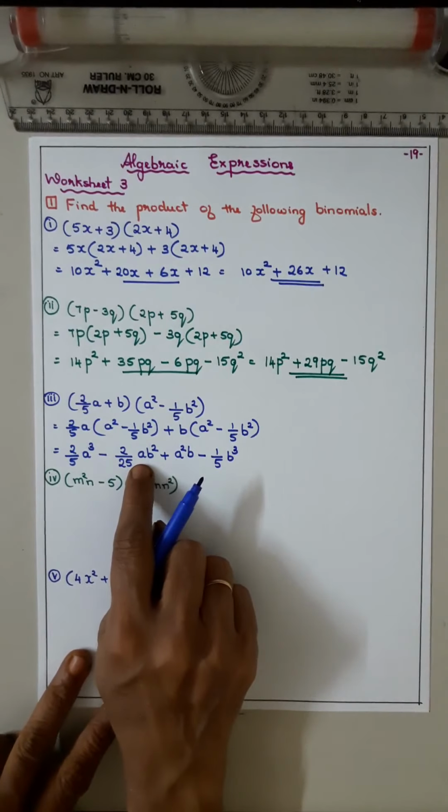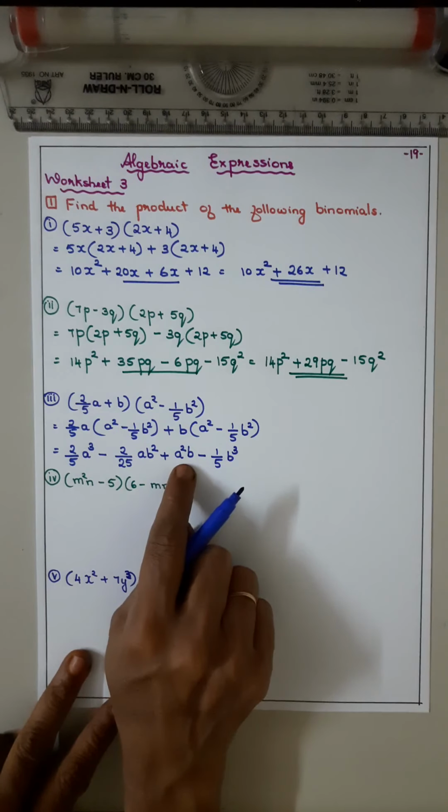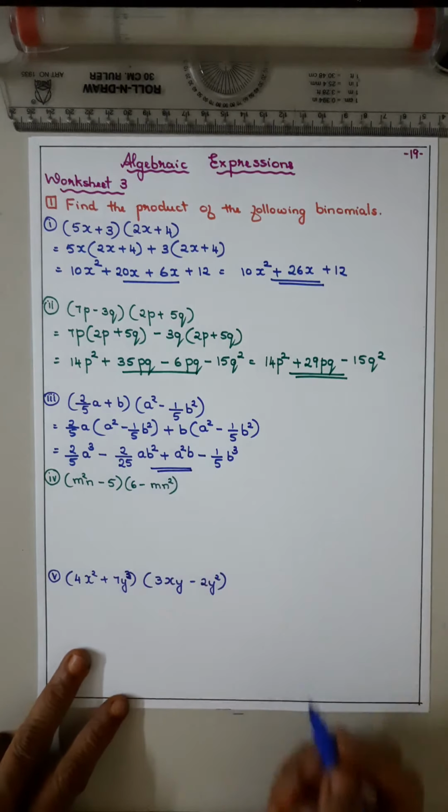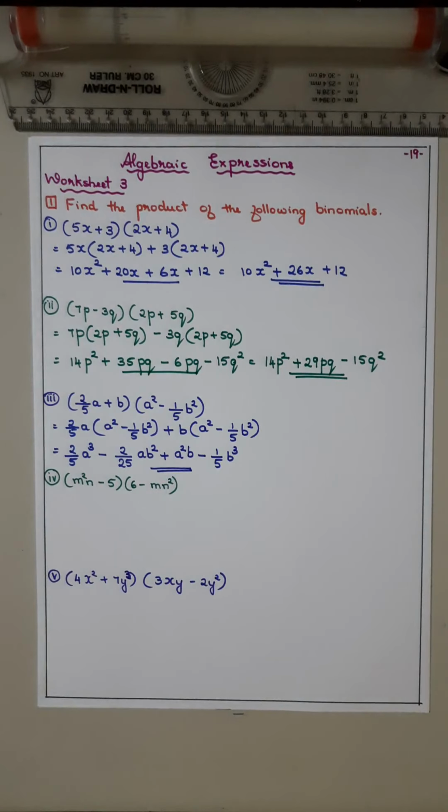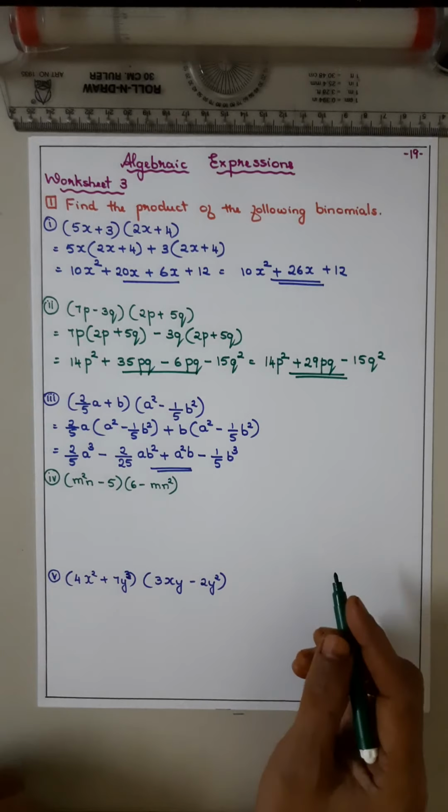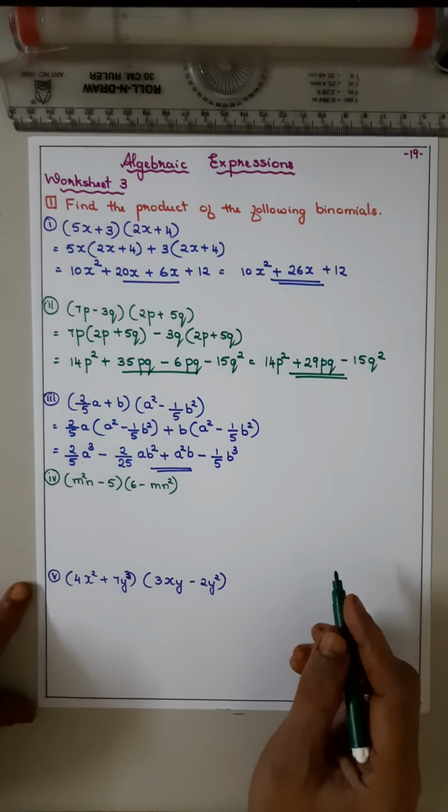This is a b squared, this is a squared b. So this is the final answer. Okay. Now coming to the fourth sum, it is m squared n minus 5 and 6 minus mn squared.